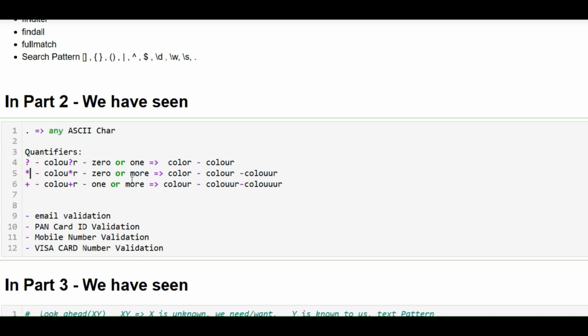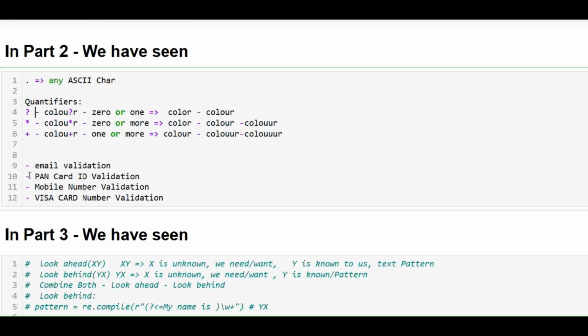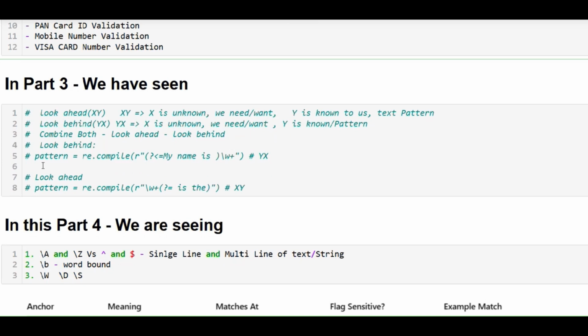Star represents more, plus represents one or more. These two come under greedy, question mark comes under 0 or 1. And in order to end the greedy one, we have to use the question mark. On top of that, we saw email validation, PAN card ID validation, mobile number and Visa card number validation. And in part 3, we saw look ahead and look behind.